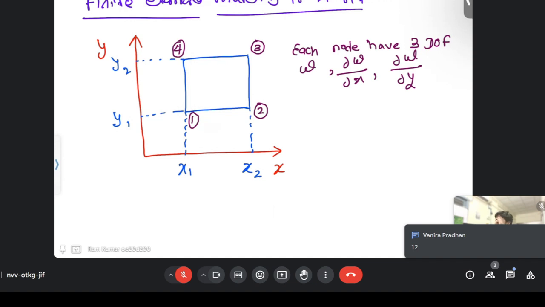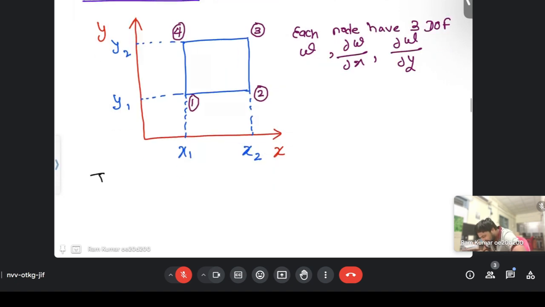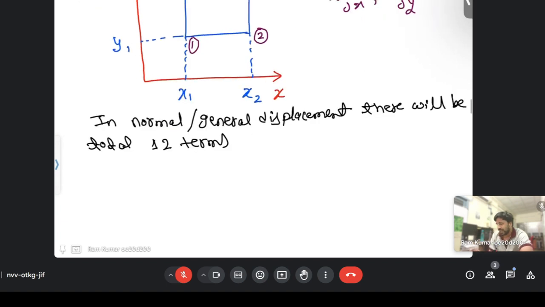So in the general displacement, there will be a total of 12 terms. How? Using the Pascal triangle.